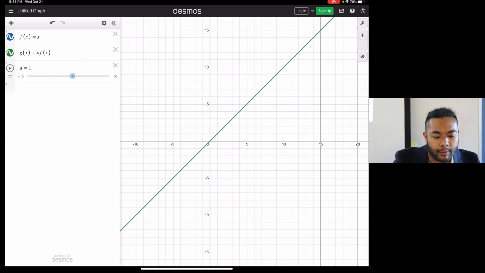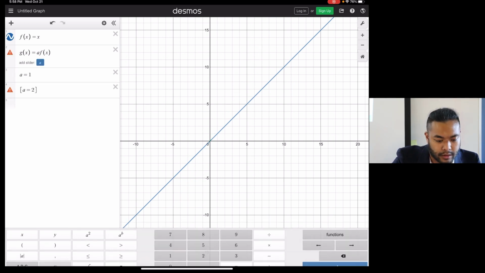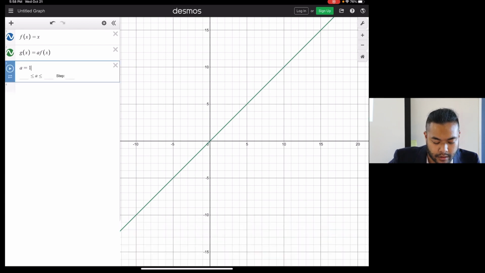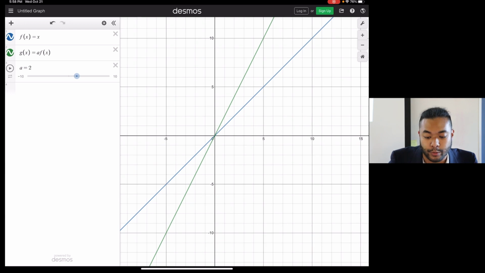Let's say I'm only multiplying by positive 2. Then, take a look. My slope is going from up 1 over 1 to up 2 over 2. So, the slope change happens when I make it 2.